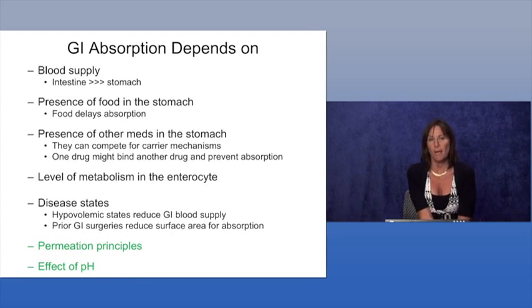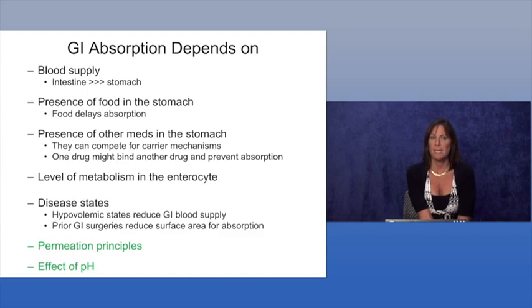So specific carrier mechanisms can be competed for. And you're going to have medications that may have higher affinity, attraction for the carrier than another medication. So this can introduce another variable element.